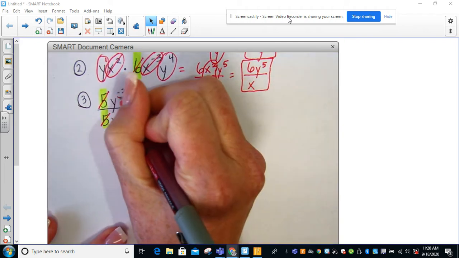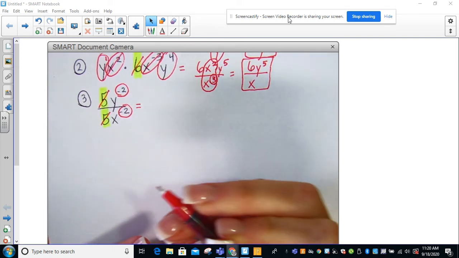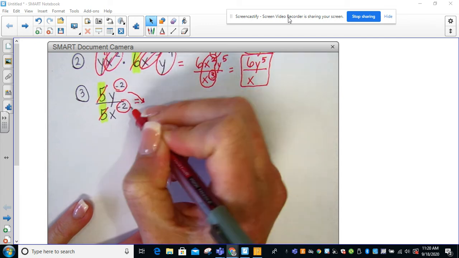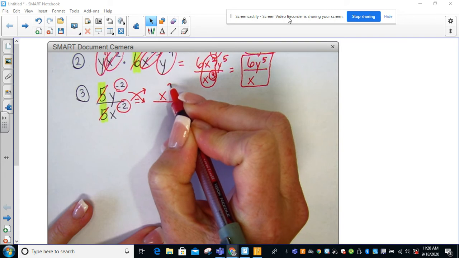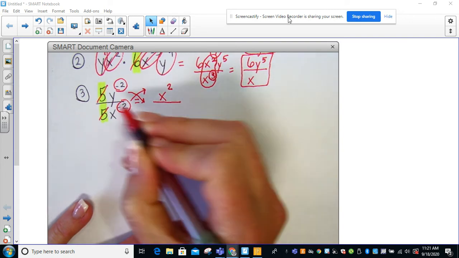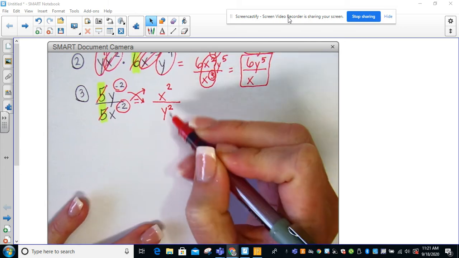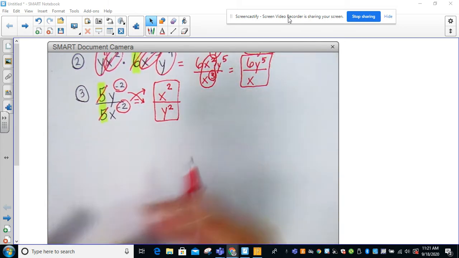Now I notice that this is negative and this is negative. And we know whenever it's negative, we move it to the other side and it becomes positive. So this one's going to go to the bottom and this one's going to go to the top. So now on top we have x squared. It became positive. And on the bottom we have y squared. It became positive. We cannot cancel these because one's an x and one's a y. So that one's done.